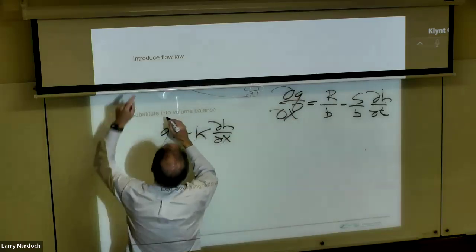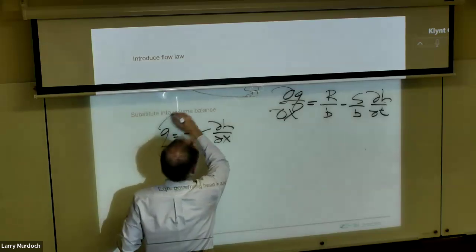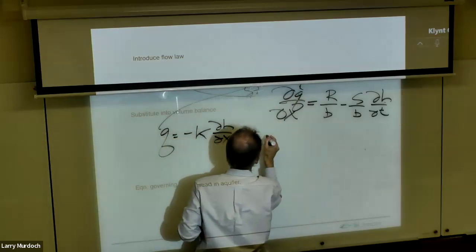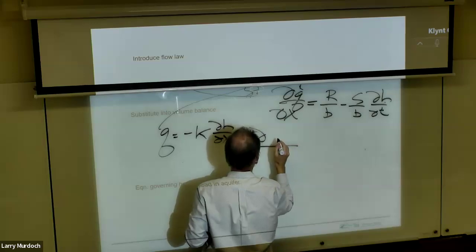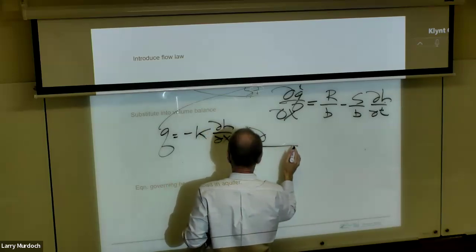So we introduce the flow law, and we substitute that into the volume balance. We get this. We bring a minus sign out.